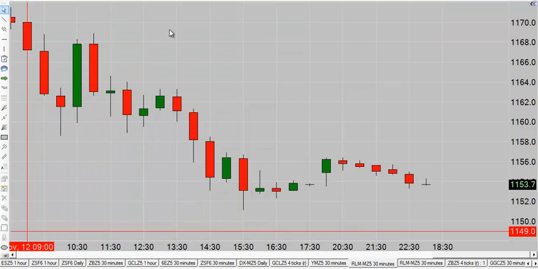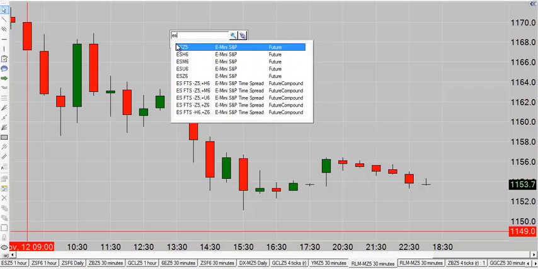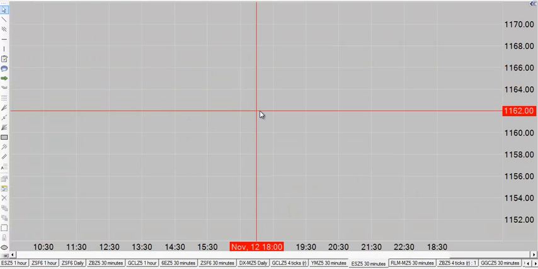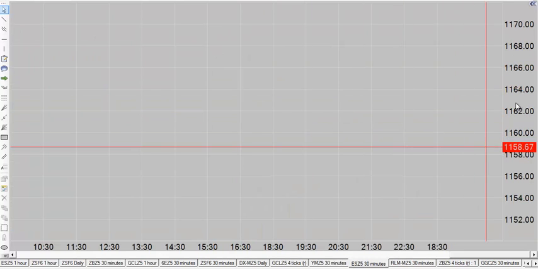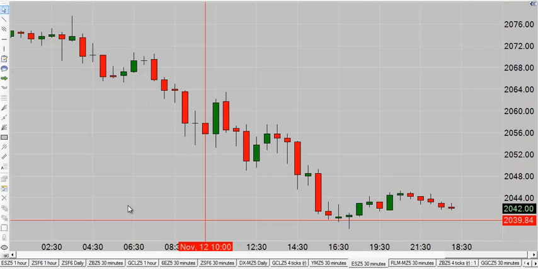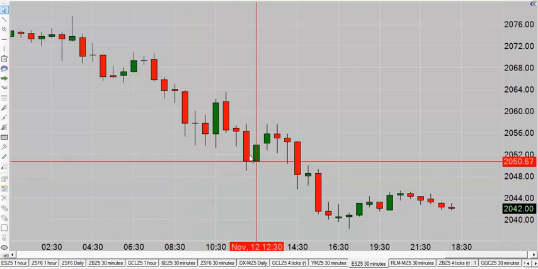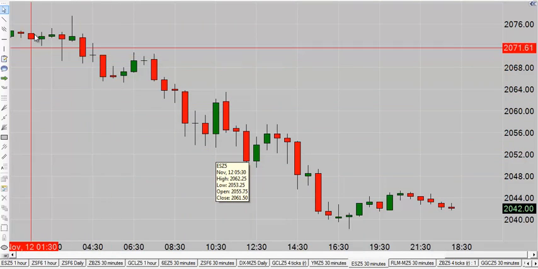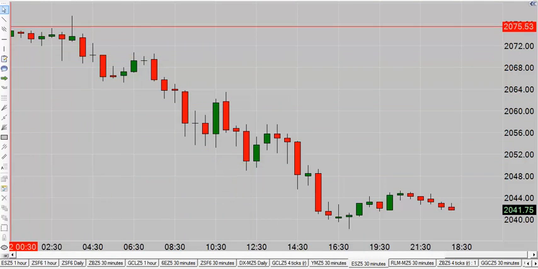So let's make this an ES chart. We can see that this is the 12th. The trades are published at 10:30. So let's get an arrow.